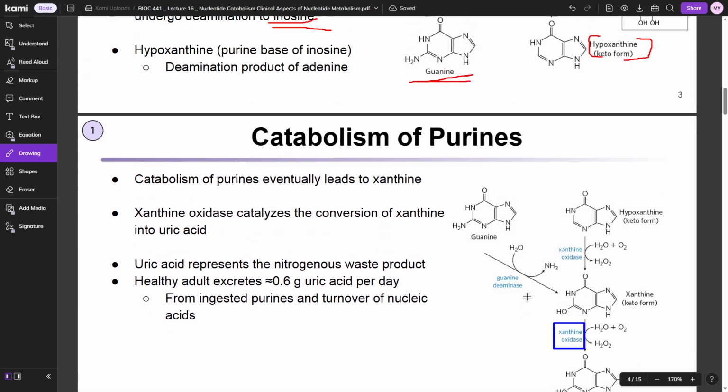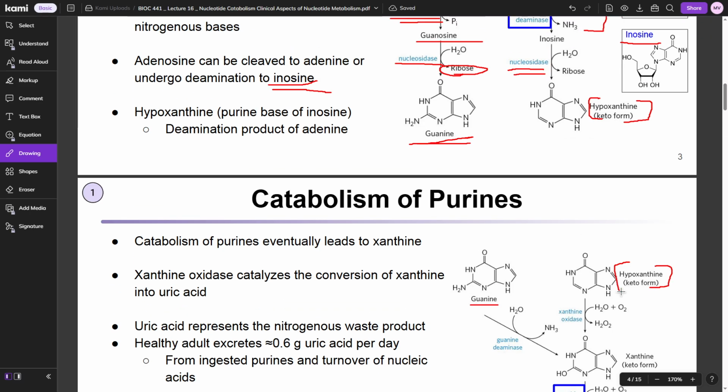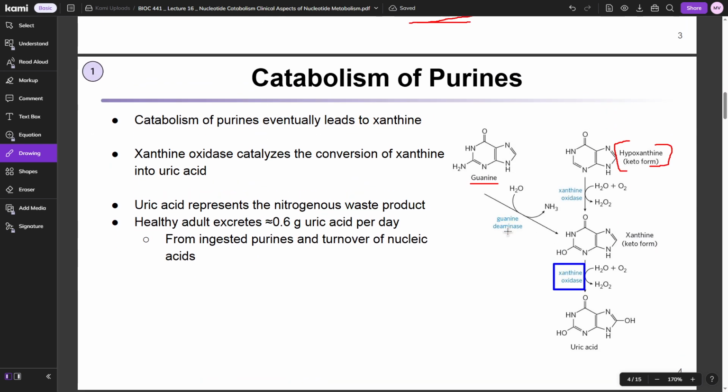Then we move on to the next aspect of this pathway. We've got our guanine and our hypoxanthine, which we just made from our adenine after we deaminated it and cut it off with a nucleosidase. What's going to happen here is that we're going to use xanthine oxidase.